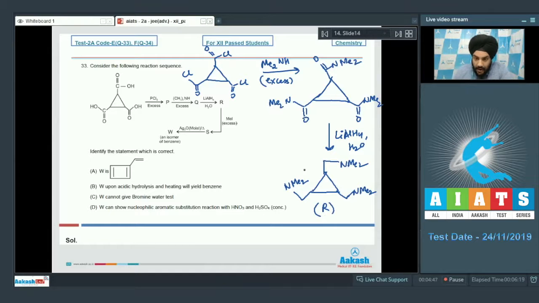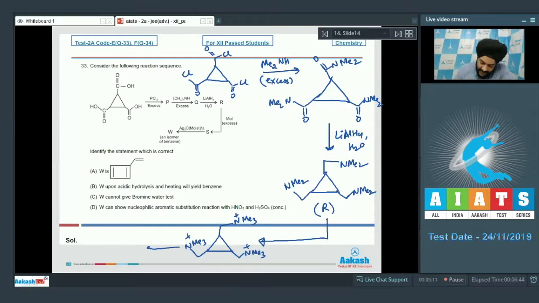Now this R is allowed to react with MeI in excess, students. So there will be methylation happening. NMe3 positive, quaternary ammonium salts will be formed. And now this quaternary ammonium salt will react with Ag2O moist in the presence of heat.